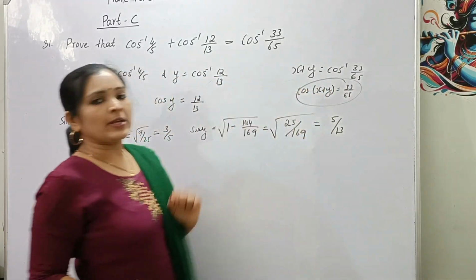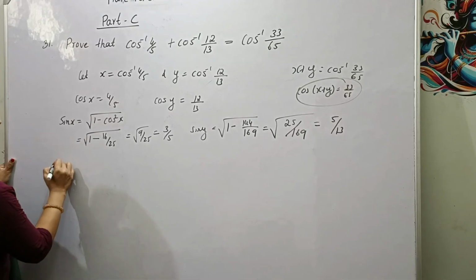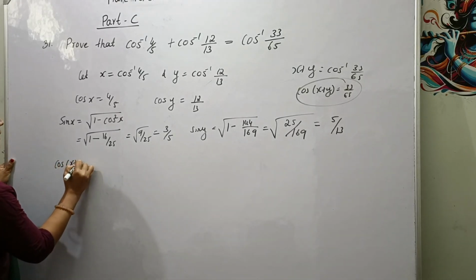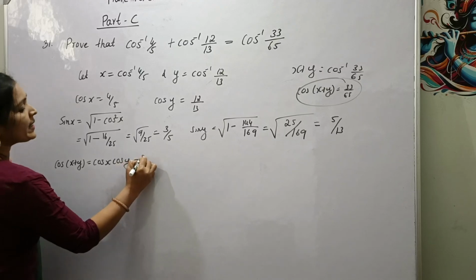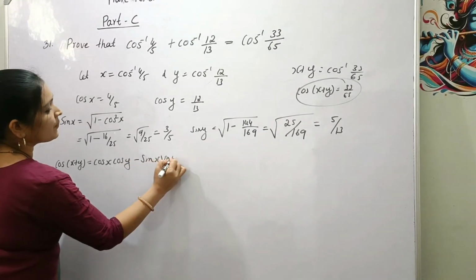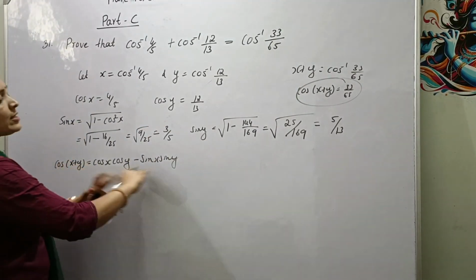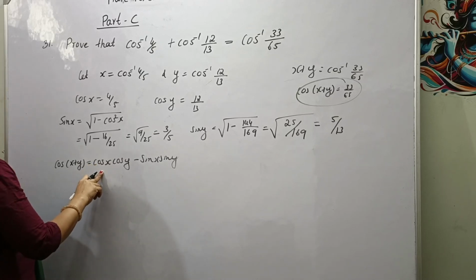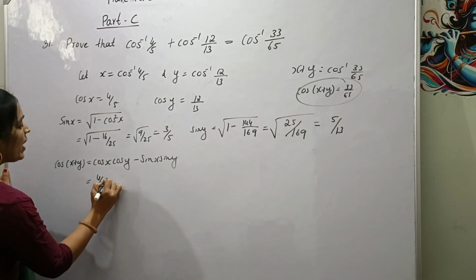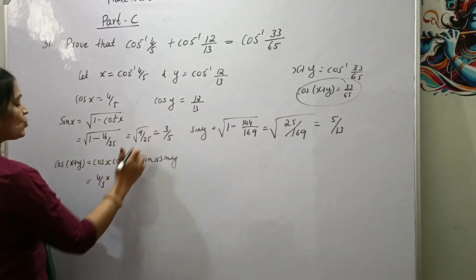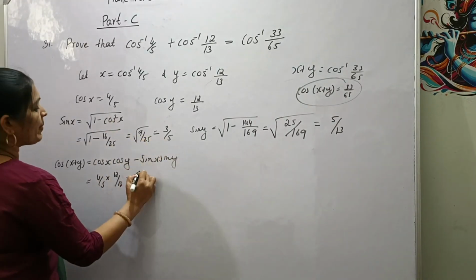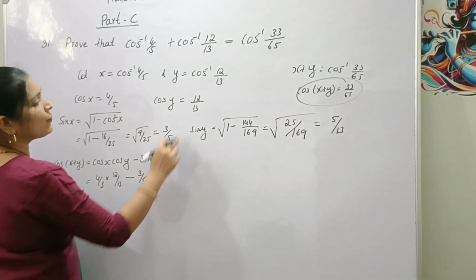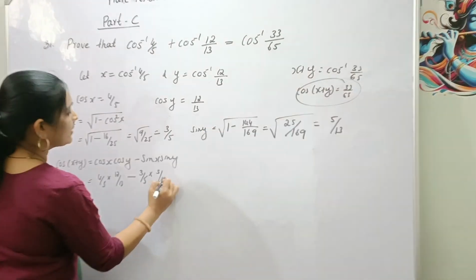So cos of x plus y. What is cos x plus y? Cos of x plus y is equal to cos x cos y minus sin x sin y. Substitute all these values. Cos x is 4 by 5 into cos y is 12 by 13, minus sin x is 3 by 5 into sin y is 5 by 13.